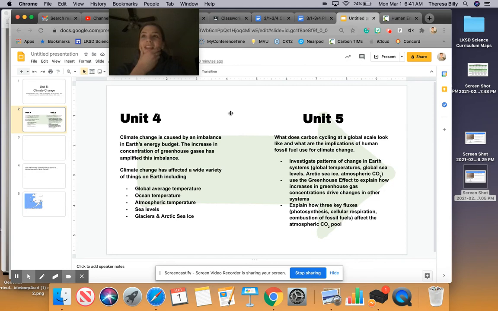I will say that this unit is going to be phenomenal for preparing you for SAT, for ACT, for college level classes. If you're one of those people who's like, I'm not going to go into the sciences, but reading graphs can help you with the stock market in the future. Reading graphs is a universal skill that everyone needs to have. So even if you don't feel very strongly about the sciencey part of things, or if you don't feel confident, you're going to get something out of this unit.